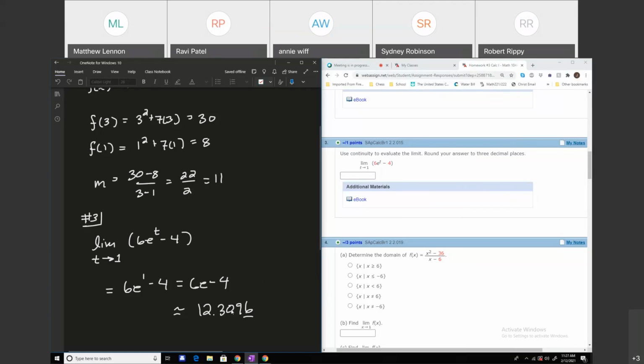So add 1 to 9. This bumps this up to 12.310. So rounded to 3 places.